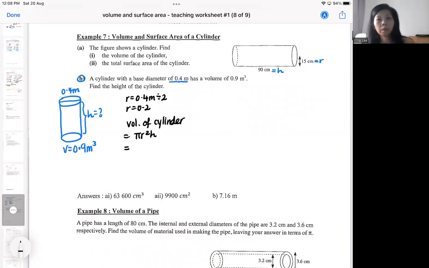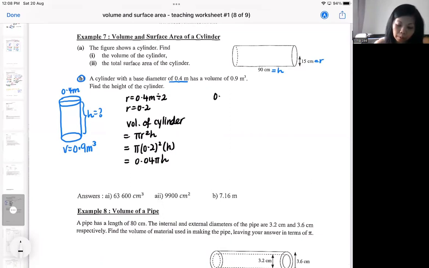It's very much the same way I taught you in area and perimeter. If you need to find the algebra, you do the formula first, and then you set it up like an equation. So this is my volume.